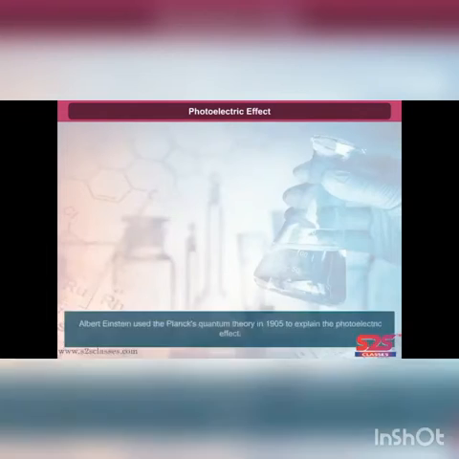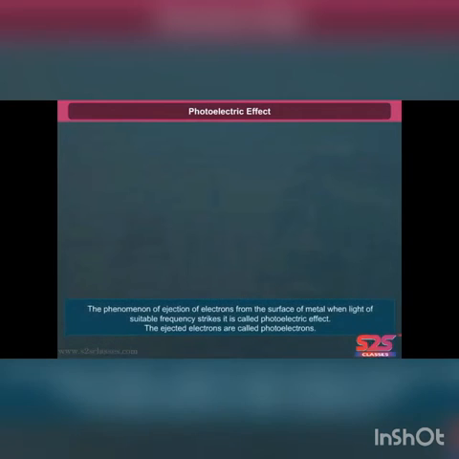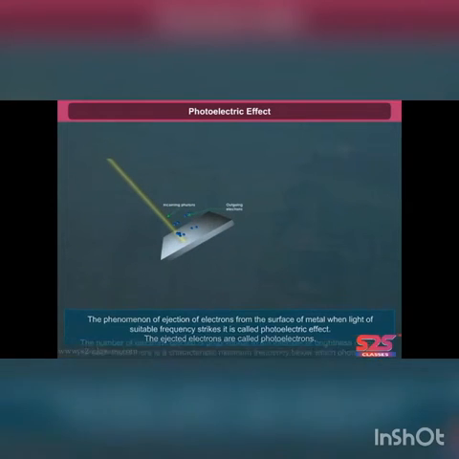Photoelectric effect. Albert Einstein used the Planck's quantum theory in 1905 to explain the photoelectric effect. The phenomenon of ejection of electrons from the surface of metal when light of suitable frequency strikes it is called photoelectric effect. The ejected electrons are called photoelectrons.